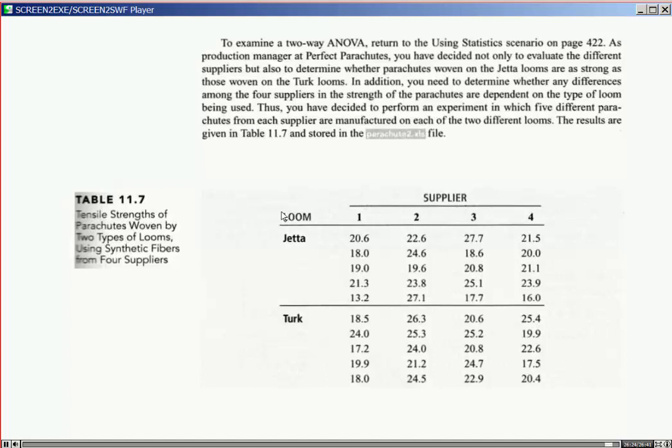These results are given in Table 11.7 and stored in the Parachute 2 file. Look, we have 5 times 4 times 2, so 40 data points. Now we're going to have to start looking at the data file, and we'll do it in the next video.